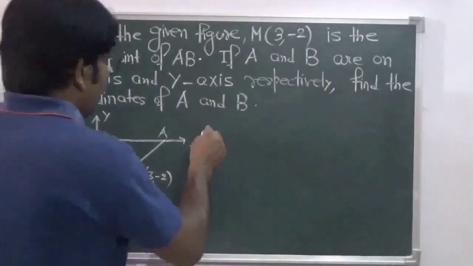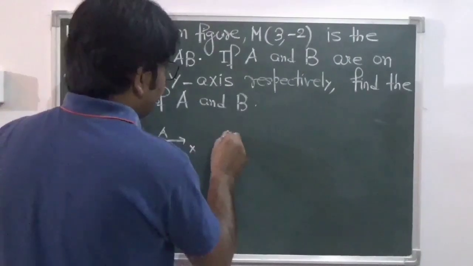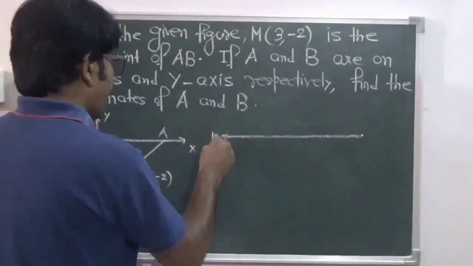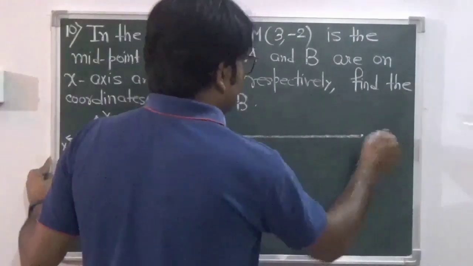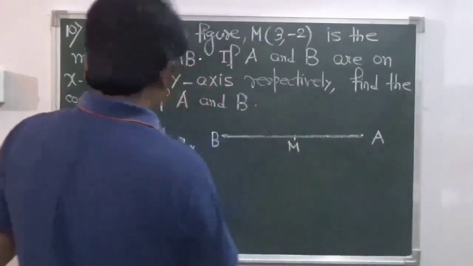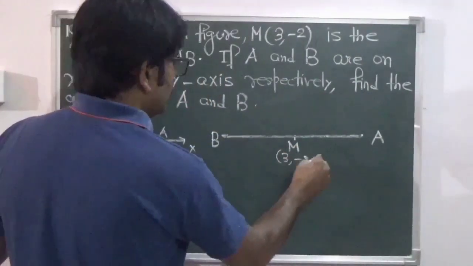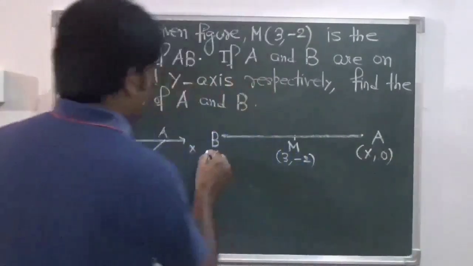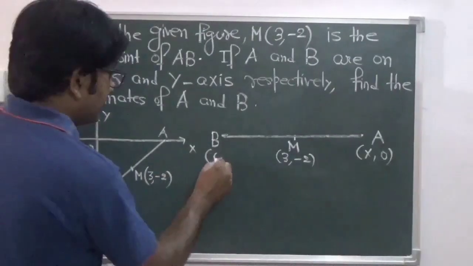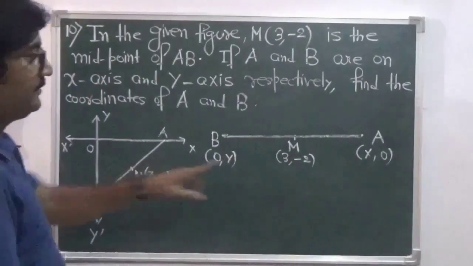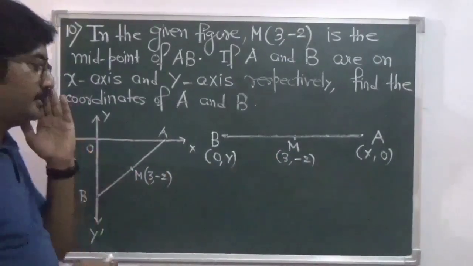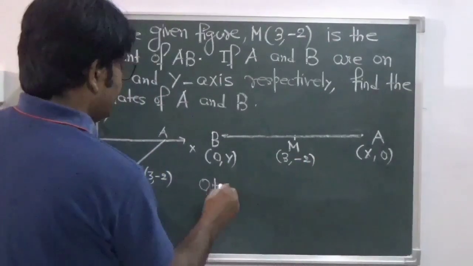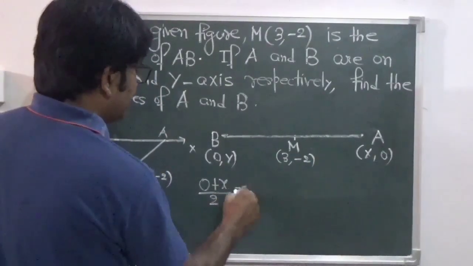So let us draw this line in a linear form. Suppose this is B, this is A, this is M. M is (3, -2). The point A on the x-axis is (x, 0). Point B is on the y-axis, it can be taken as (0, y). M is the midpoint, so we apply the midpoint formula: (0 + x)/2 equals 3.